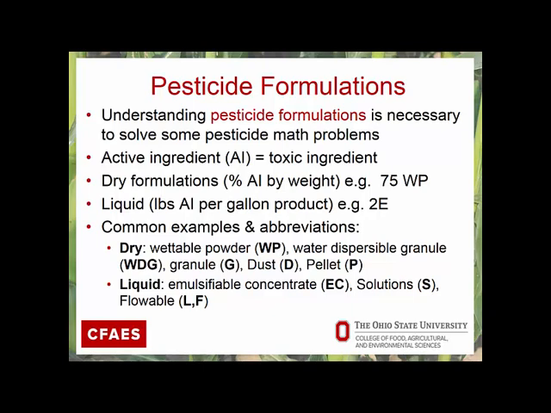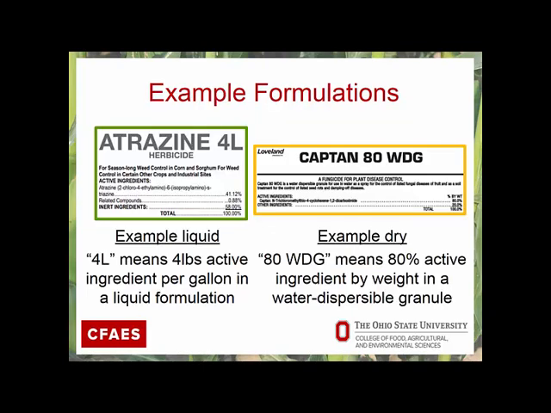formulations in an earlier module, but just to review what some of these mean, dry formulations include wettable powders or WP, water dispersible granule, sometimes WDG or WG, granules G, dusts D, pellets P. Common liquid formulations include the emulsifiable concentrates or EC, solutions S, sometimes AS, aqueous solution, and flowables, which can appear as L or F. Here are some more example formulations.